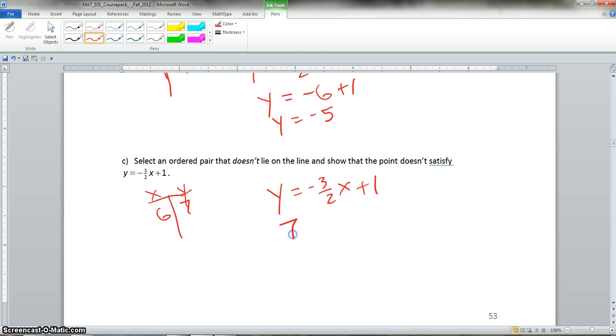Okay, now we'll substitute in 7 for y, and we'll substitute in 6 for x. 2 goes into 6 3 times. 3 times negative 3 is negative 9 plus 1. 7 is equal to negative 8. And we know 7 does not equal negative 8. So that shows that this does not satisfy the line, because remember, this point here must make both sides equal to each other in order to be on this line. So we just proved it.